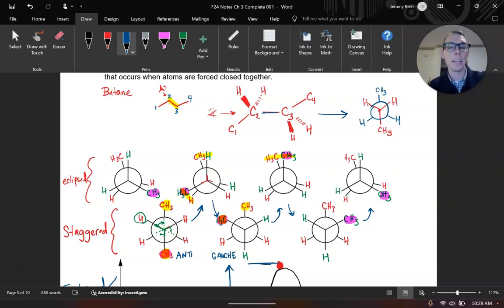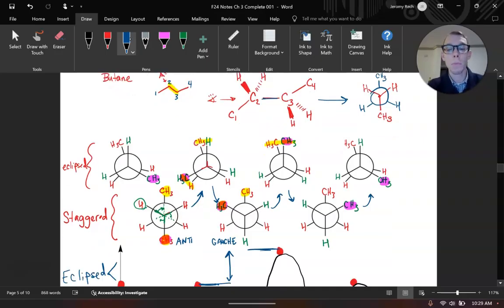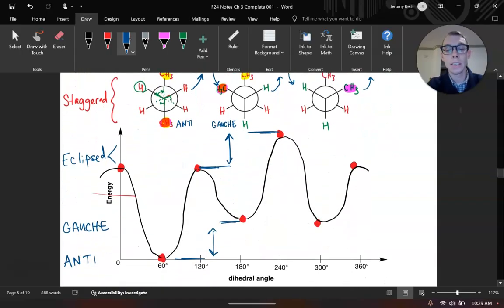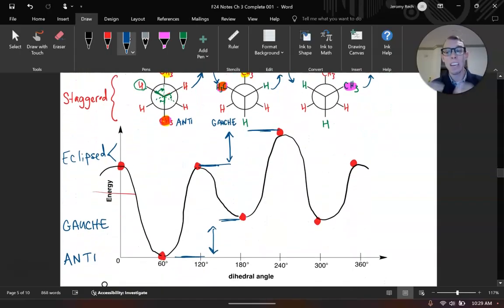And then within my eclipsed, how are we going to compare? And as you get more and more different groups, so in this case, we had two different types of constituents. We had our methyl group, our CH3, and our hydrogen. As you continue to get more complex and start adding other things, you start getting more energetic differences and it starts to get even more complex.